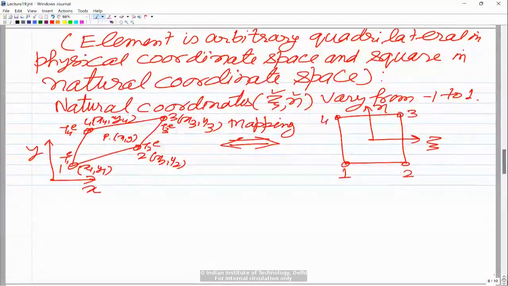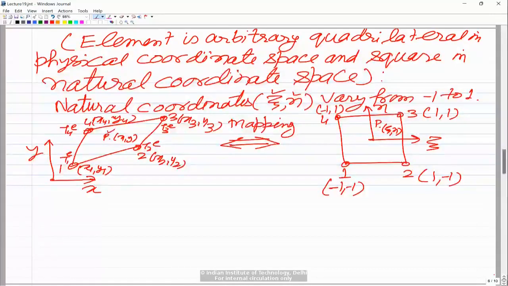Now, because the natural coordinates vary from -1 to +1, the coordinates of node 1 would be -1, -1 in the natural coordinate space. The coordinates of node 2 would be 1 and -1, node 3 would be 1 and 1, and node 4 would be -1 and 1. The temperature values are going to be the same. The point P in the physical coordinate space corresponds to the point P with coordinates xi and eta in the natural coordinate space.